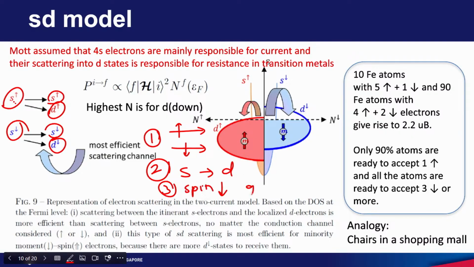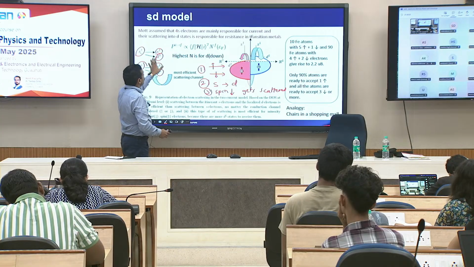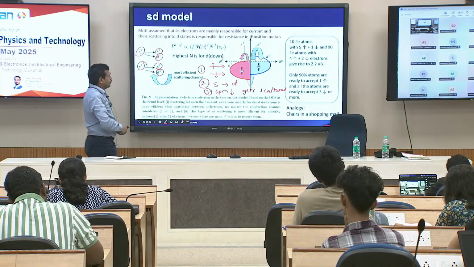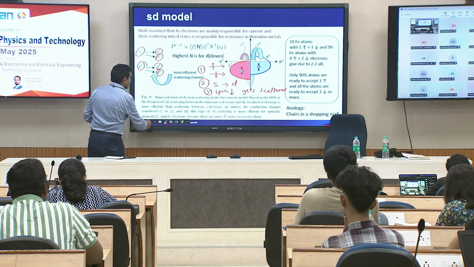Spin down electron gets scattered more. So, these 3 are the important points. You can also say another point is that the spin flip does not happen. Spin up electron goes as spin up electron, it does not flip into spin down electron. So, you can say these 4 points are the most important points of the Mott's two current model. With this, let us go to the next slide.